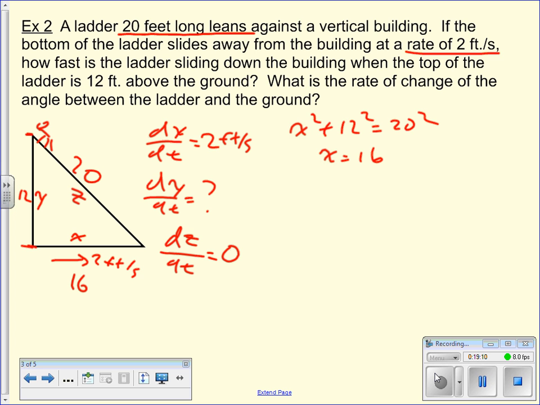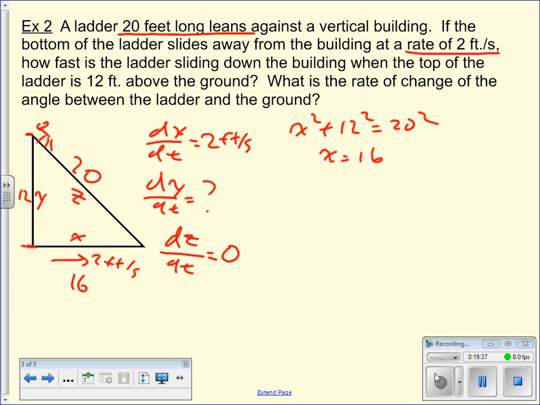The ladder can slide away, it can slide down, so x and y can change, but the length of the ladder is not going to change. So z doesn't have a rate of change. Its rate of change is 0.